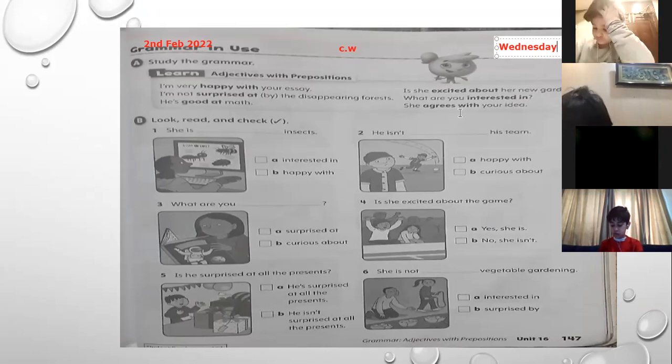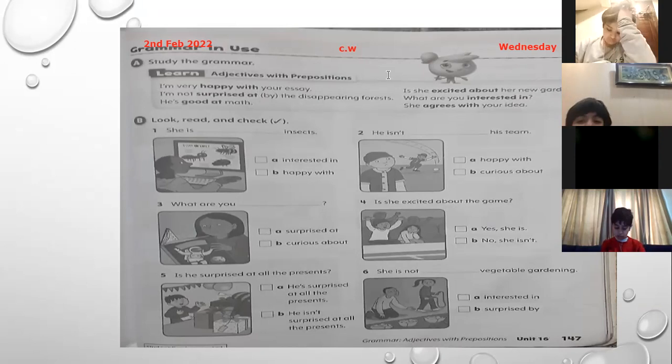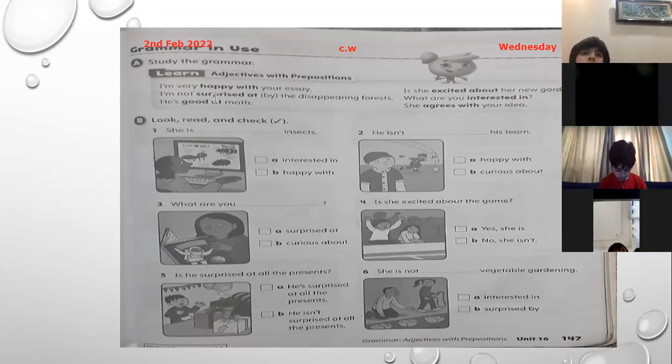Okay, students, over here again you have to use adjectives with prepositions, right? Some examples are given to you at the top of the page. I'm very happy with your essay. I'm not surprised at the disappearing forests. He is good at maths.